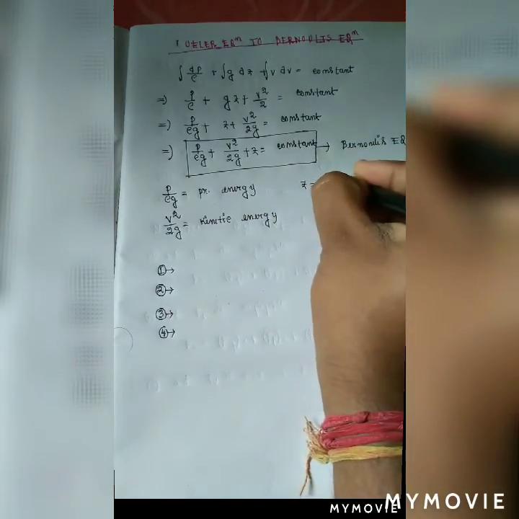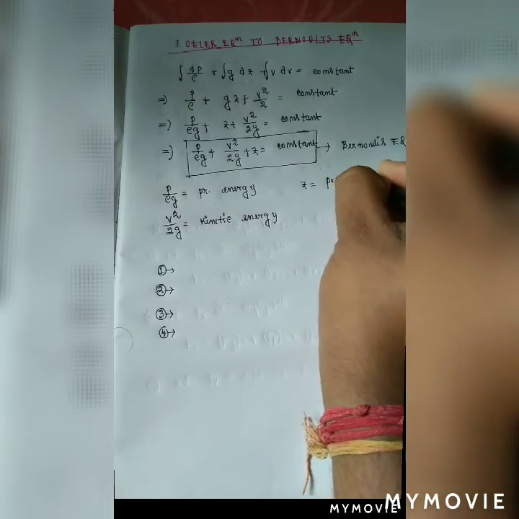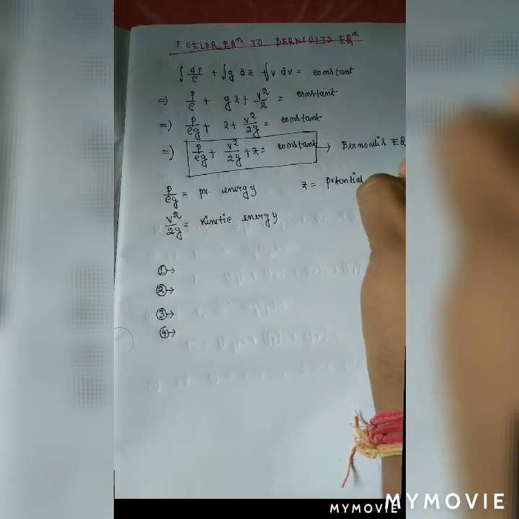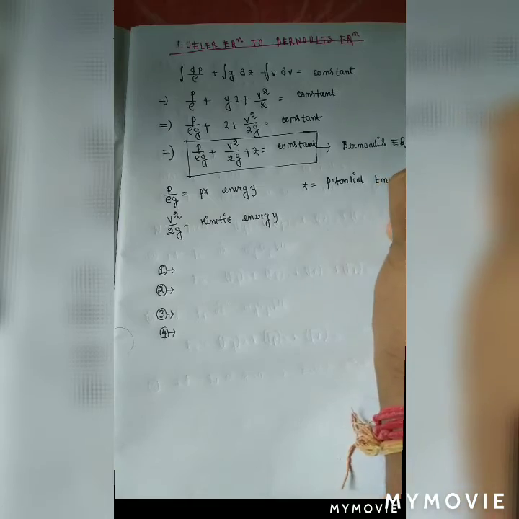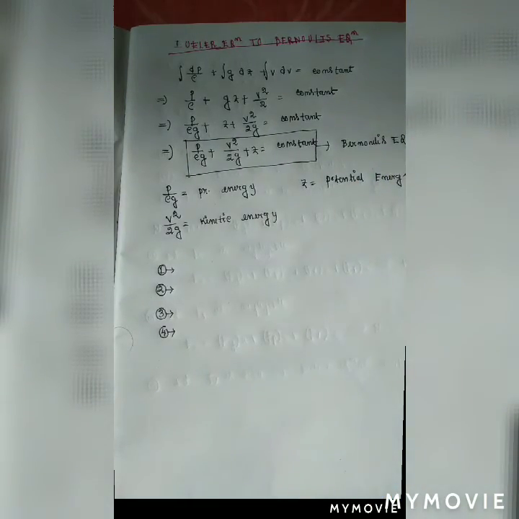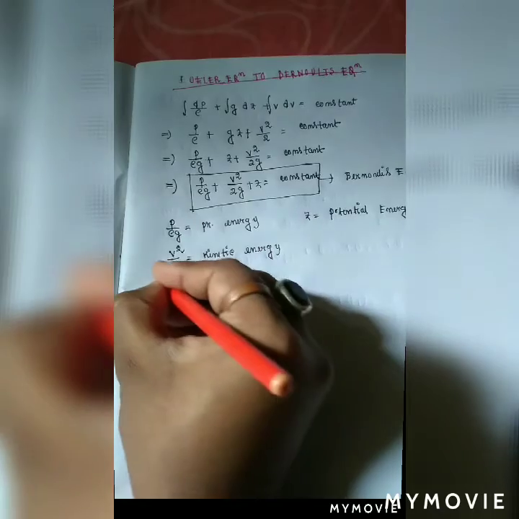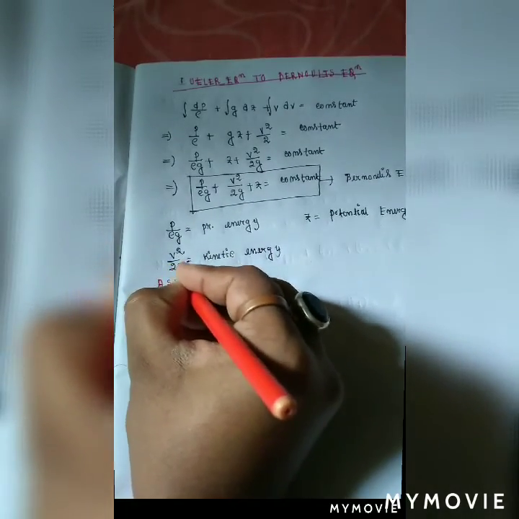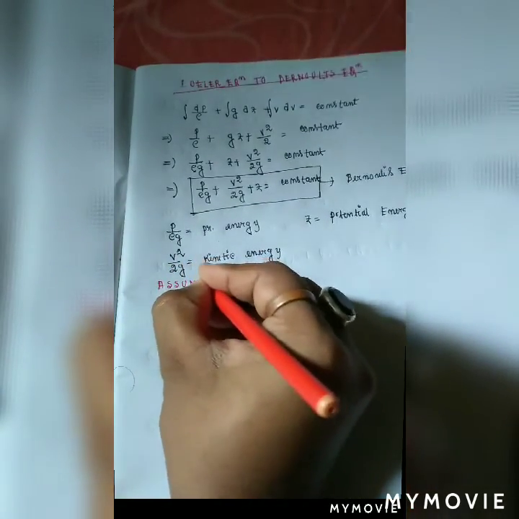In terms of energy, p by rho g is pressure energy, v square by 2g is kinetic energy, and z is potential energy.